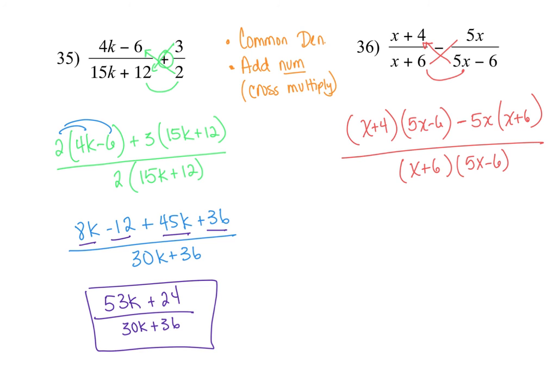You do not have to FOIL the groups. You can leave them the way they are on bottom, but on top you need to FOIL and simplify. So for that denominator, you're welcome to leave it in factored form, but on the numerator, I need you to FOIL and combine your like terms. So we are going to FOIL that x through and that 4.